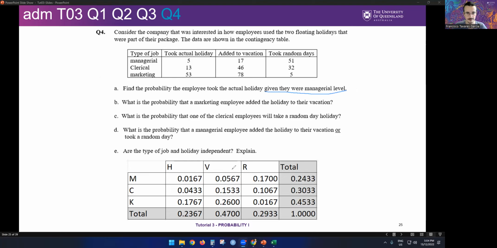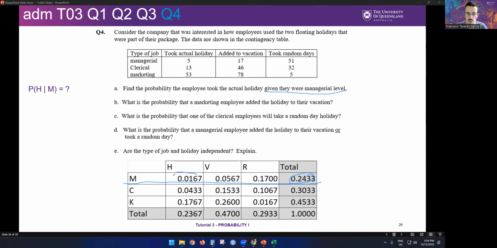Excellent. Let's see. Yep. Very good. Let me get out of the pencil. So that's what we're talking about. Everyone who has a managerial position. So given that, we're just looking at the ones who took the holiday. So we're only looking at these, right? And this is the total.